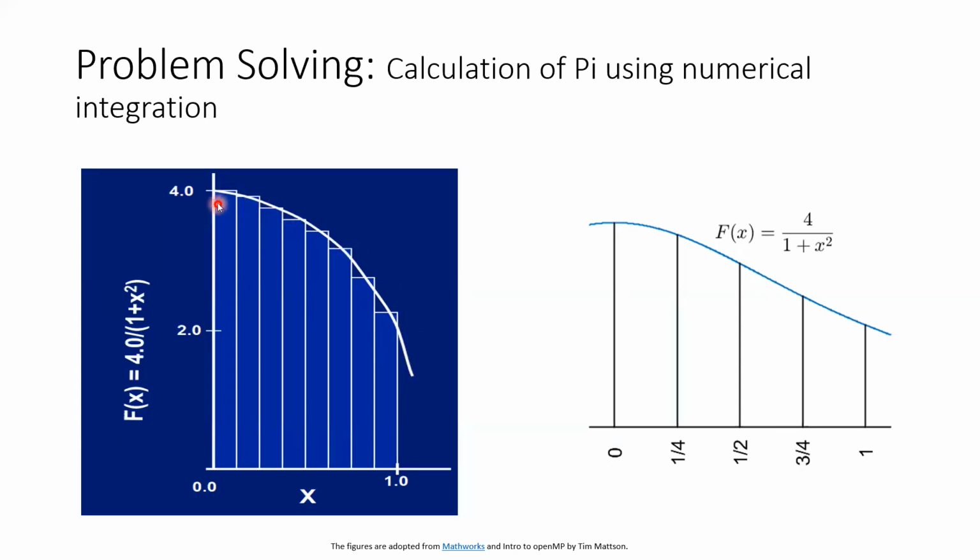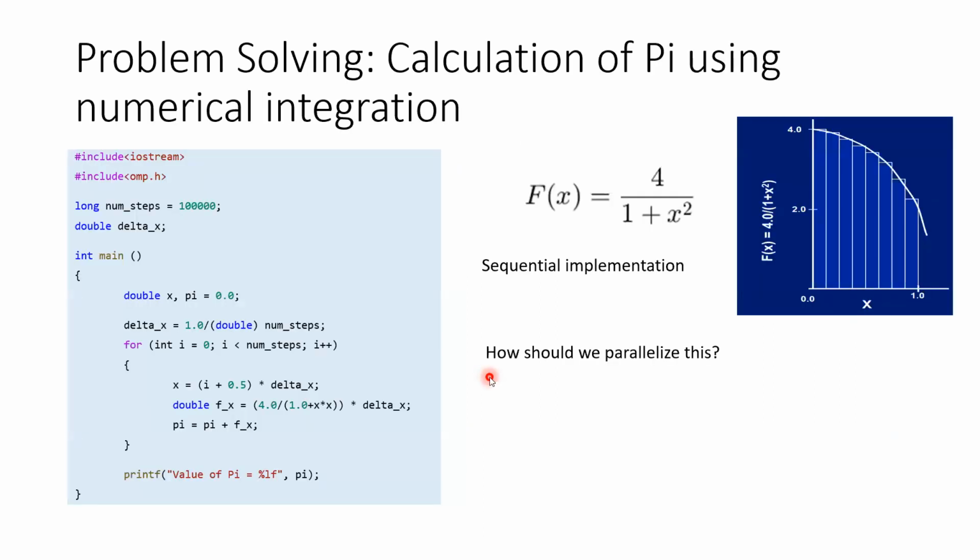So let's solve this problem with general C++. A simple sequential implementation. We define some number of steps as the number of strides in this curve fitting, and delta x is basically the size of one stride.